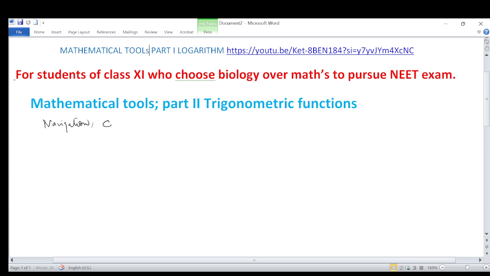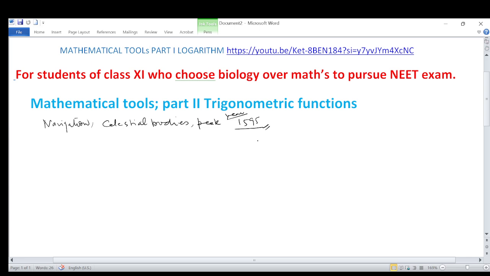This was required, and trigonometry was first thought of in the year 1595.